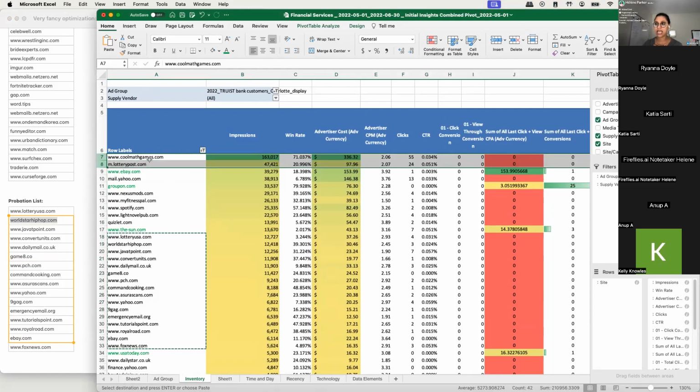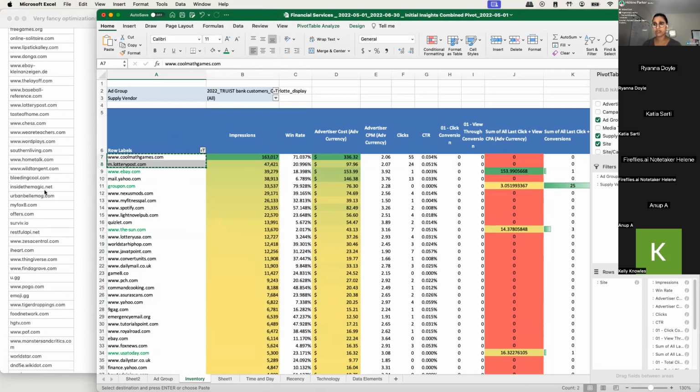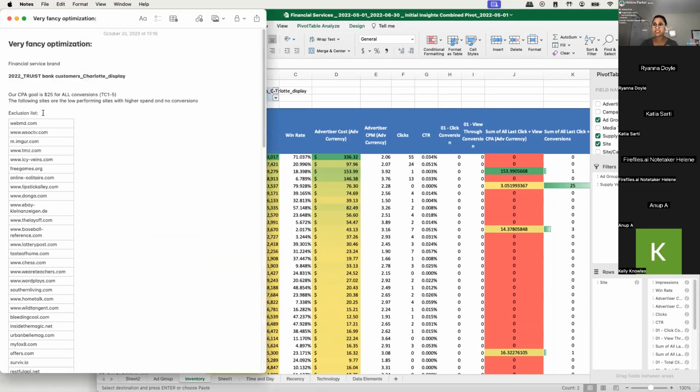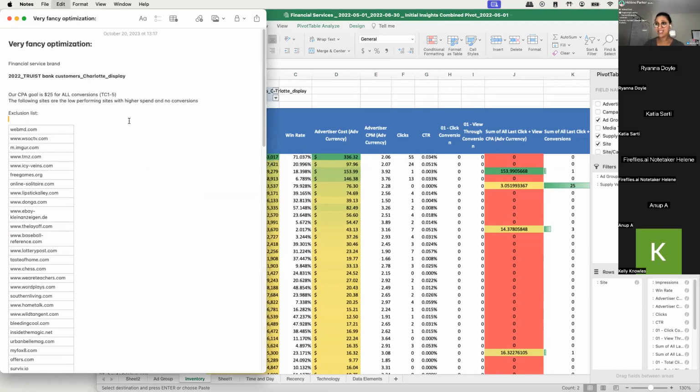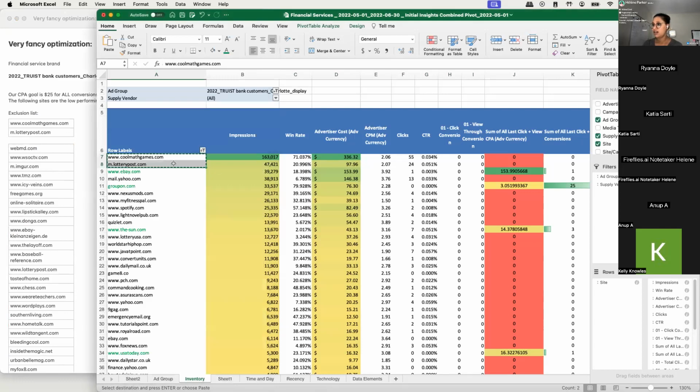M Lottery Post and Cool Math Game. Come on, we spent how many dollars? And with who? With no conversions? No, we're gonna have to. So earlier I was telling you about excluding everything that has no conversion, but if you have spend and there's a higher spend and there's still no conversion, then definitely exclude them, okay?